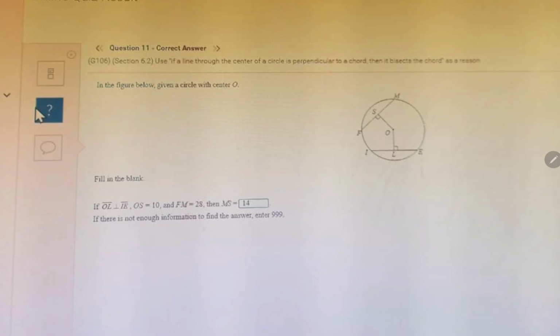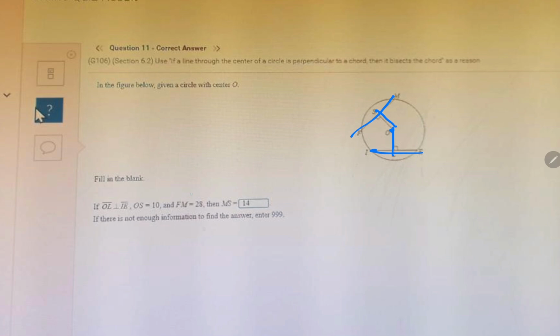Now for question number 11, we have a circle with center O, and then we have 2 chords, and we have lines that are perpendicular to the chords that pass through the center. If they are perpendicular to the chords and they pass through the center, what does that mean? That means they are perpendicular bisectors.